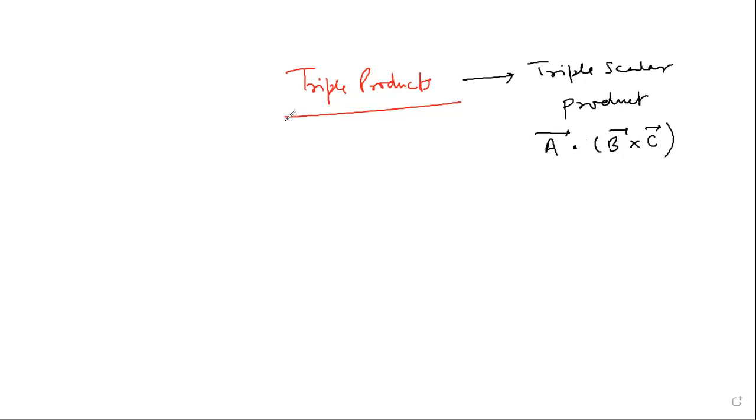Now, the second kind of triple product is the triple vector product. We'll explain that. Triple vector product.